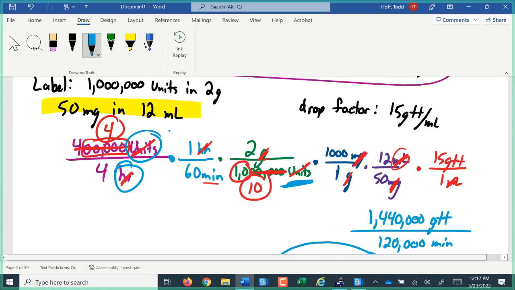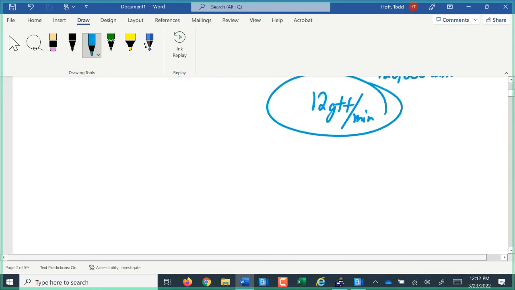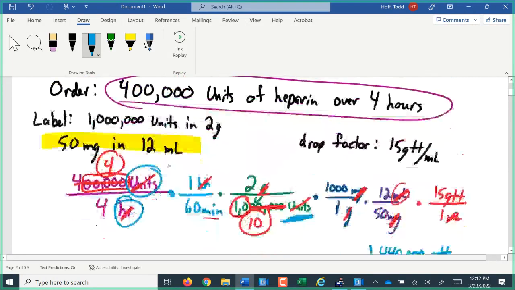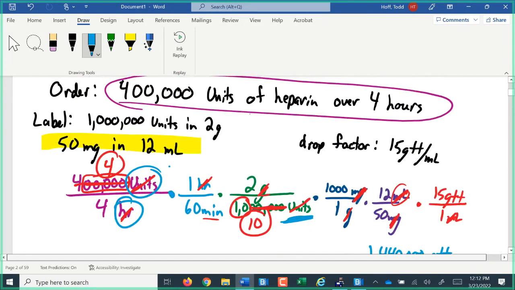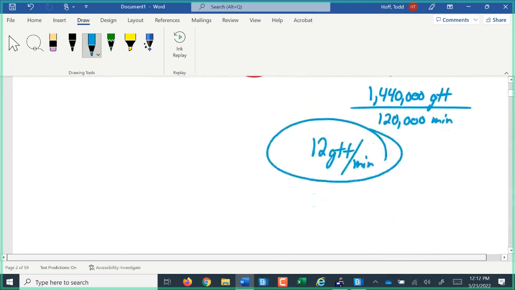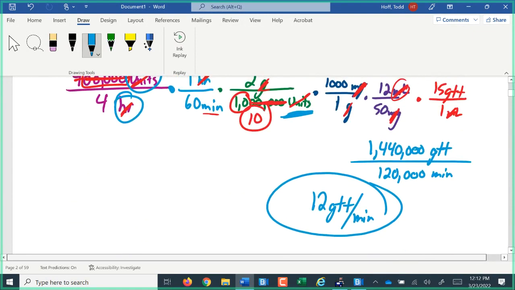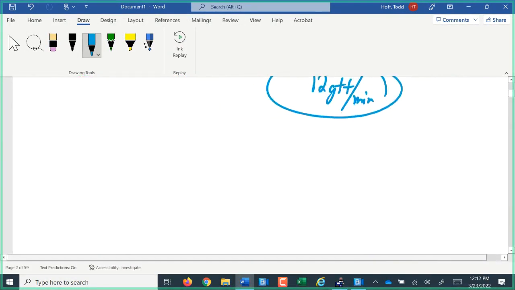So whatever equivalency we had that converted units into something else we used, and we kept getting rid of whatever that new measurement was until we got to the drops that we wanted it to be. And that's how dimensional analysis works. To this day, I honestly still don't know exactly what the meaning of a unit is. I do know it's different for every medication, but I don't have to because you read the specifications that allow you to convert from the units into a more usable measure.